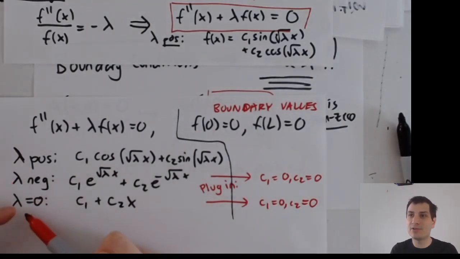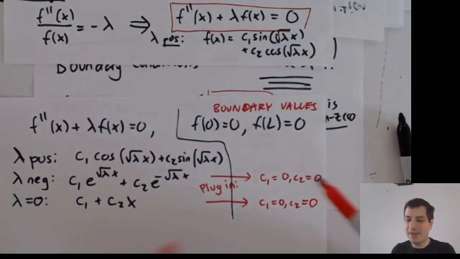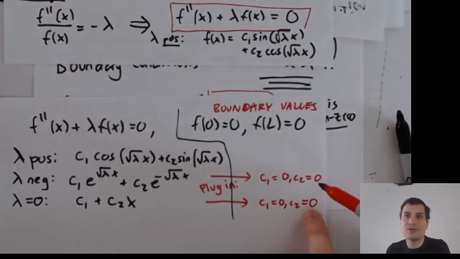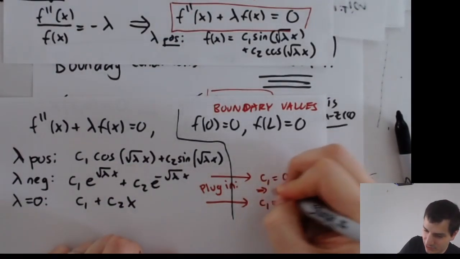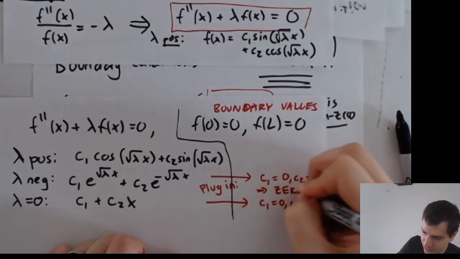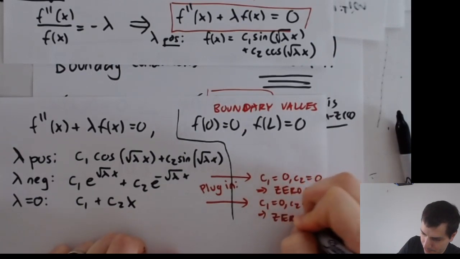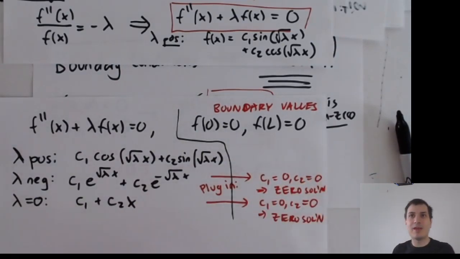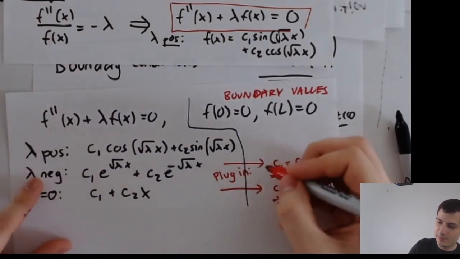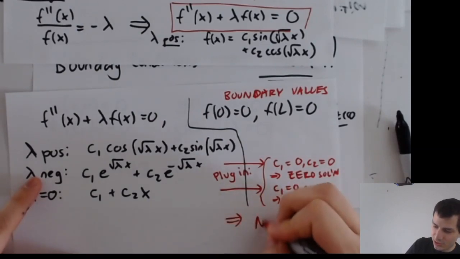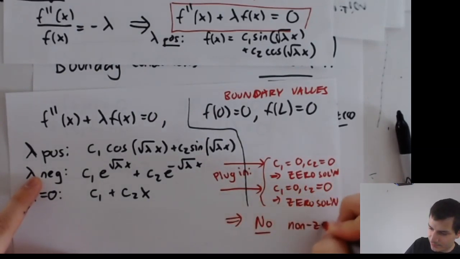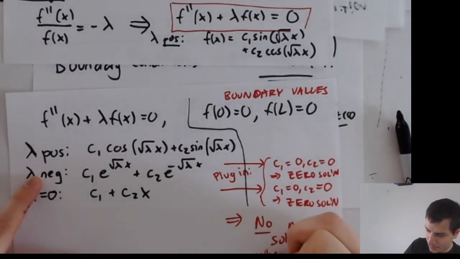So when lambda is negative or 0, no matter what happens, it's just boring. You just get the 0 solution. And what that means is there is no non-zero solution when lambda equals 0 or lambda is negative.